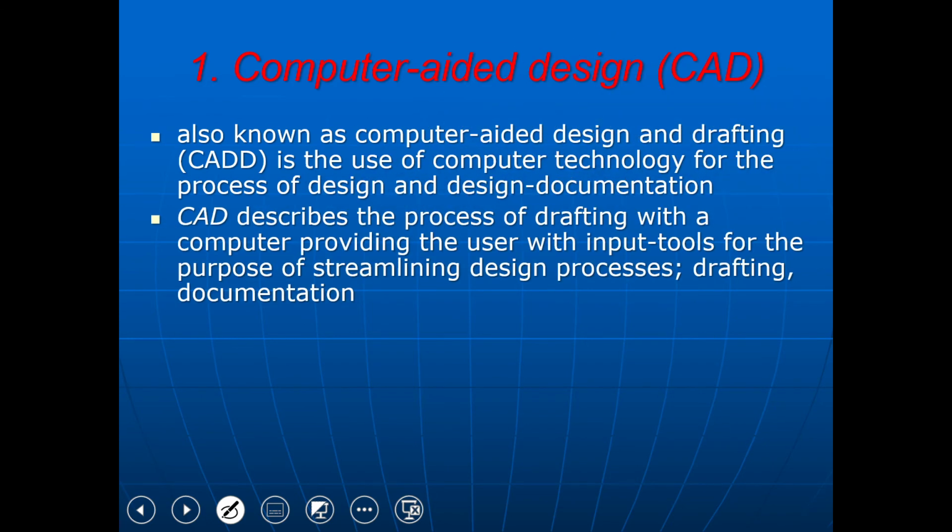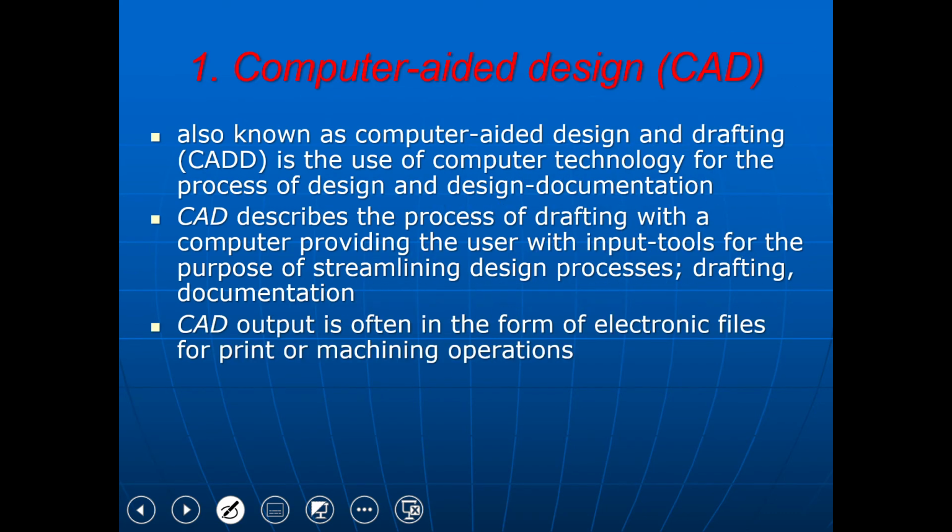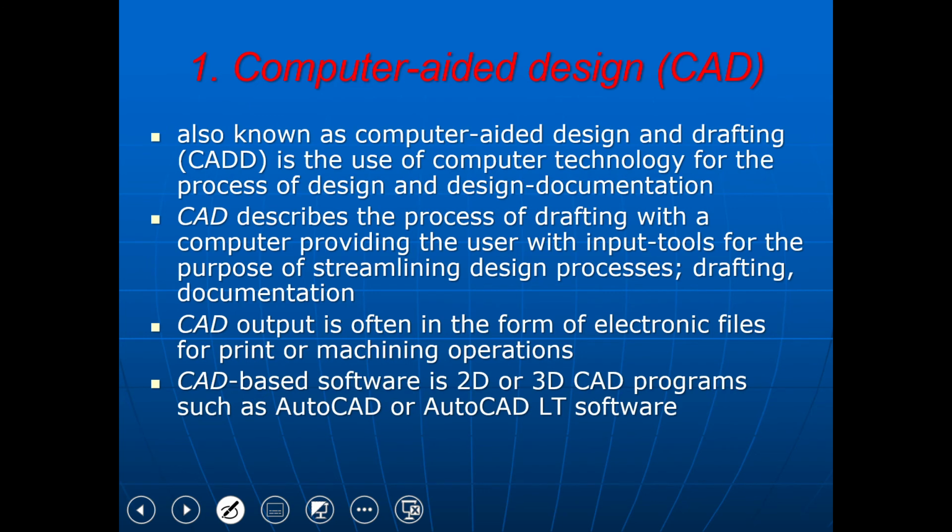CAD describes the process of drafting with a computer, providing the user with input tools for the purpose of streamlining the design process, drafting, and documentation. CAD output is often in the form of an electronic file for print or machine operation. CAD-based software includes 2D or 3D CAD programs such as AutoCAD or AutoCAD LT.